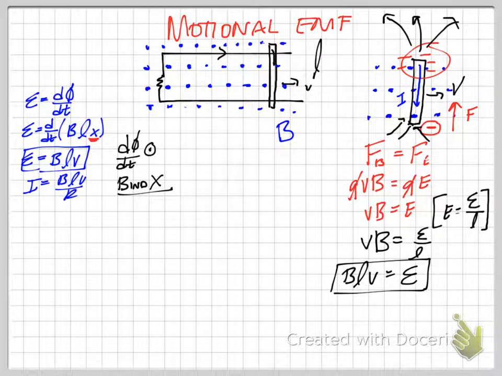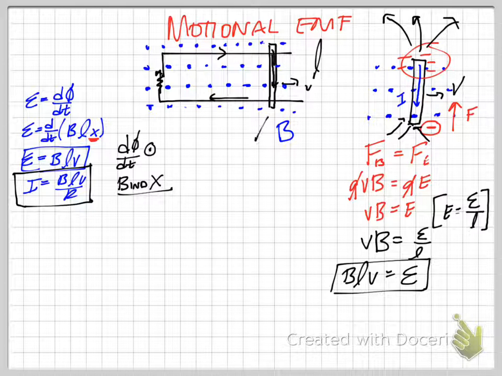So from Faraday's law, that current would also be down in that bar and over this way and up through here. So we get a similar result either way we do this, and it's really nice to have things line up like that.